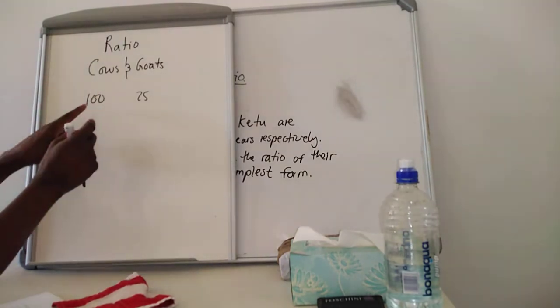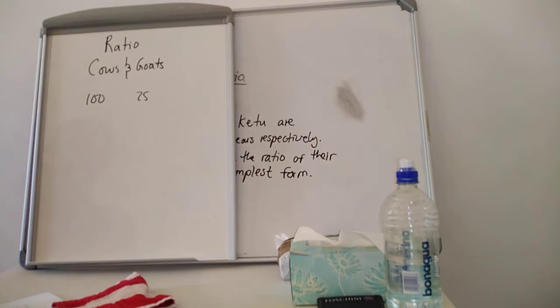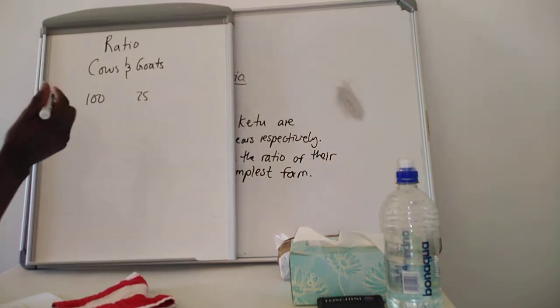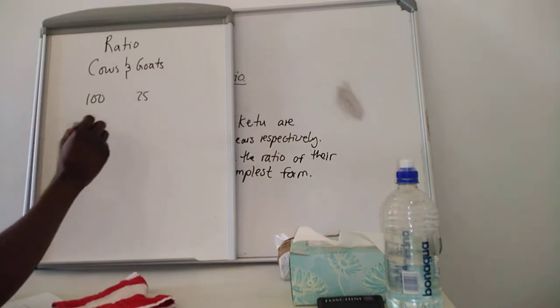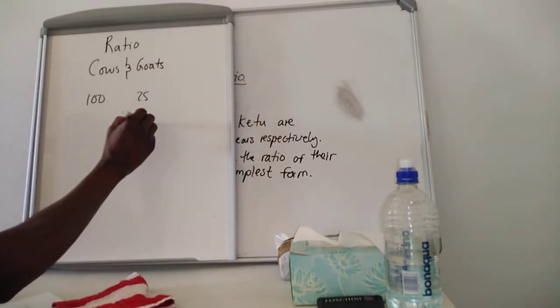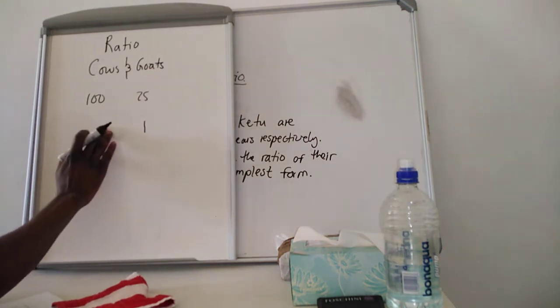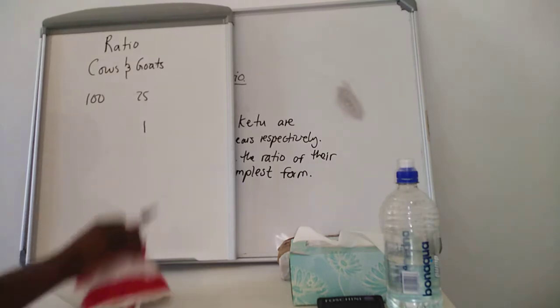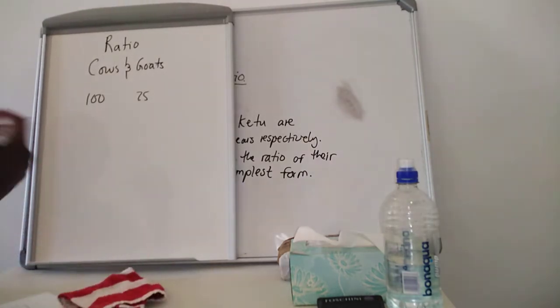We can see that the cows are more and the goats are less. But we can go more than that and say, I want to find out if I have one goat, how many cows do I have? So we call that ratio. We want to find out the relationship between the two quantities or the two farm animals.